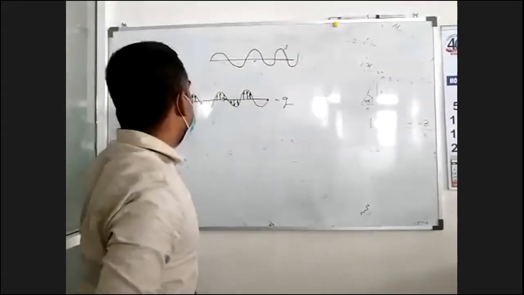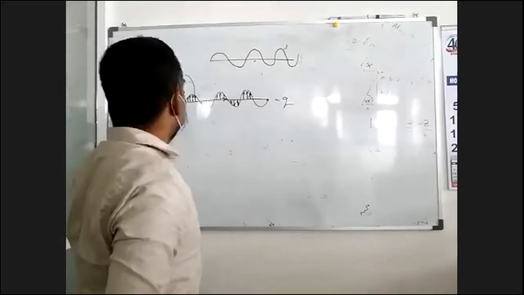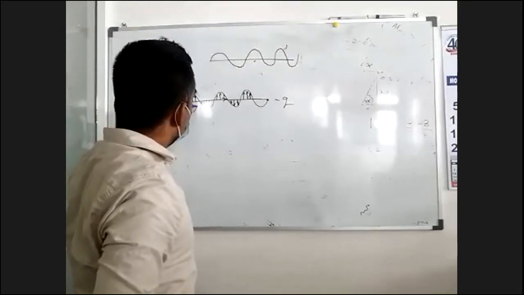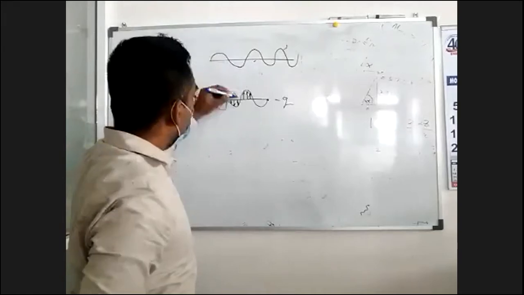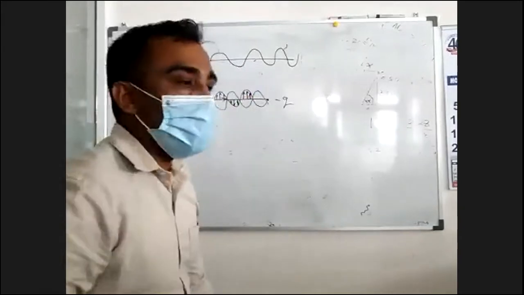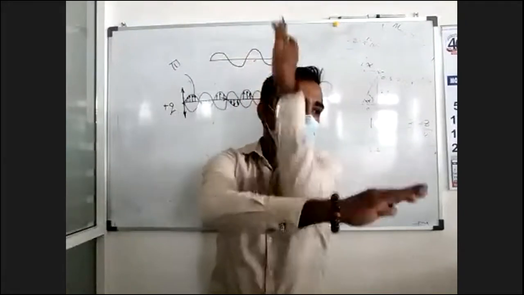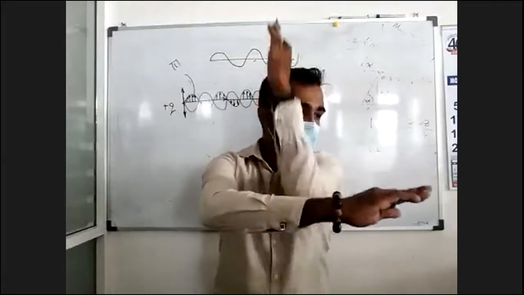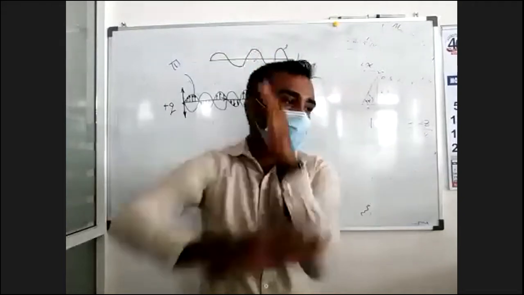Simultaneously, if it is an electric field line, it makes the magnetic field in the perpendicular direction. If the electric field is in this direction, the magnetic field is made in this direction.